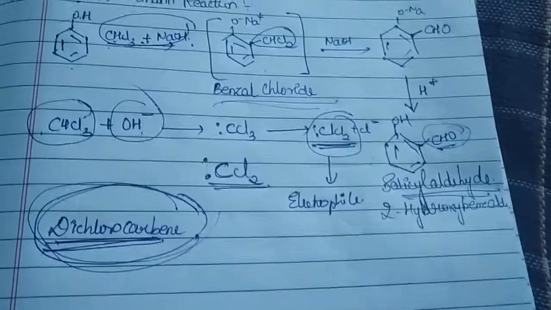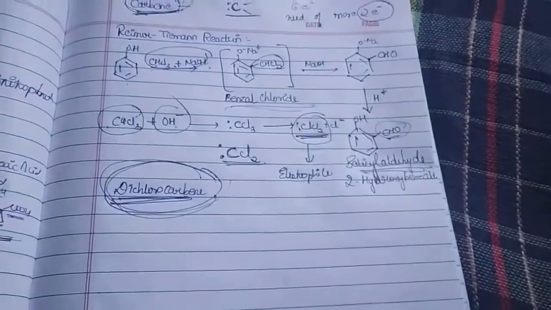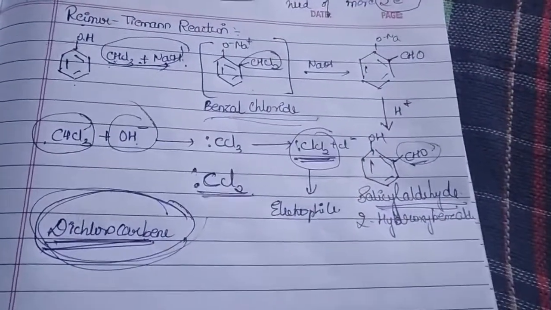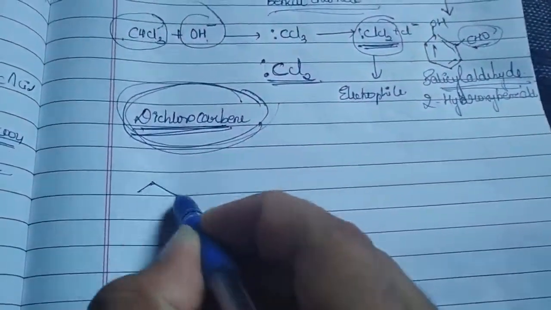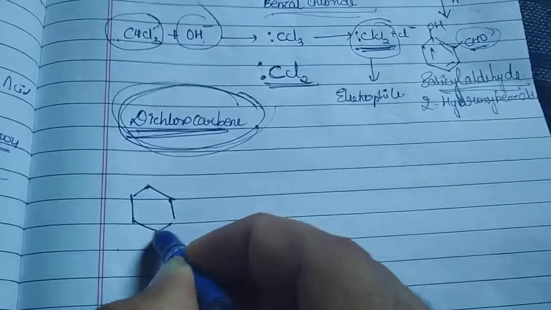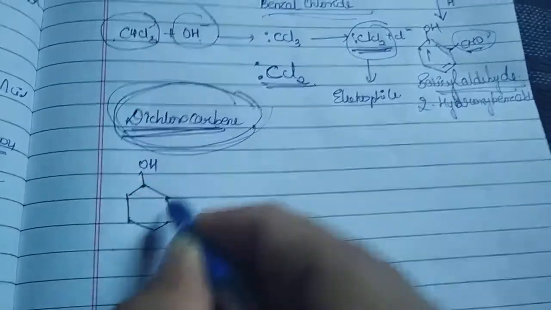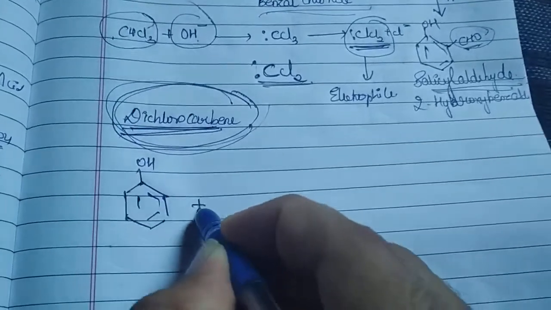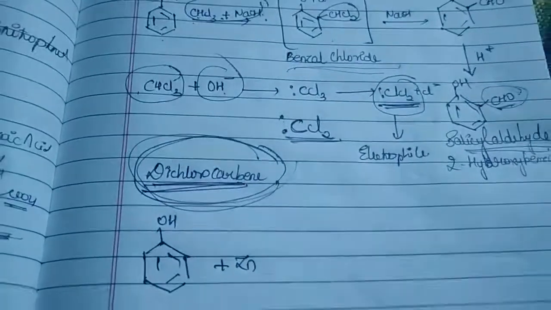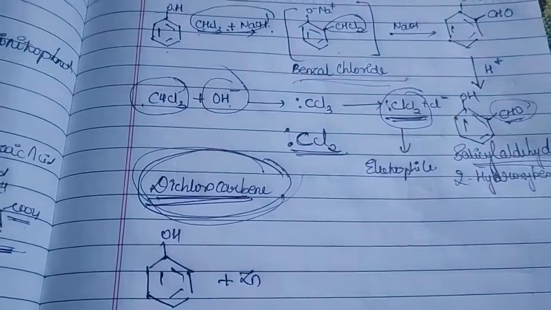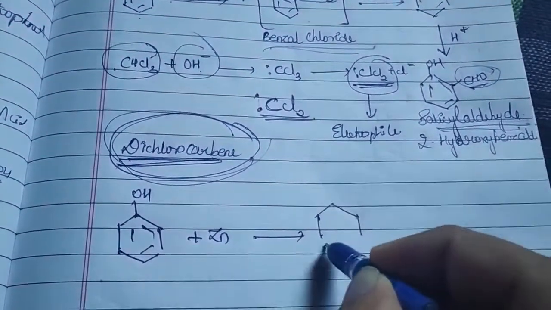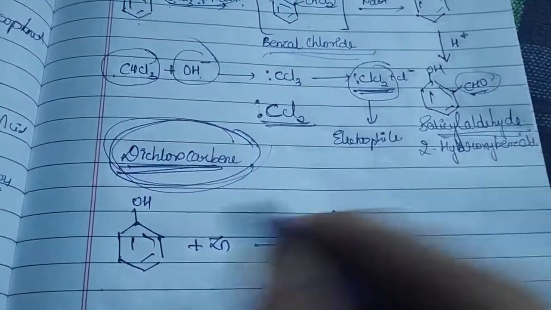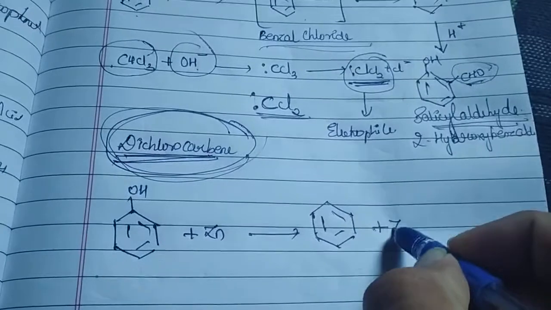Okay. So next, soon after we have seen Kolbe's reaction and Riemer-Tiemann reaction, the next important reaction is a simple reaction. Whenever your phenol is treated with zinc dust, remember we will be getting benzene plus zinc oxide.